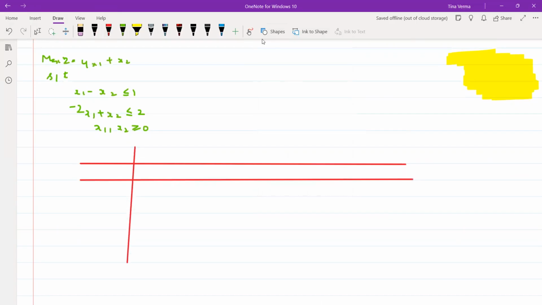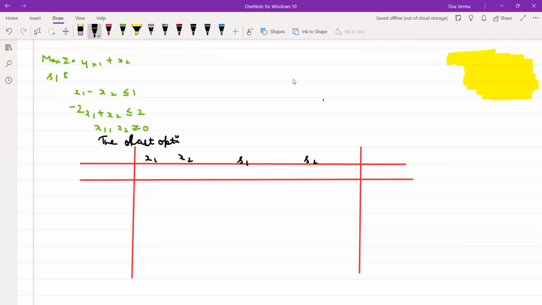So I am adding S1 in the first constraint and S2 in the second constraint. When I solve this, I get X1, X2, S1, S2; you can do the iteration yourself. I am writing the last optimal table.